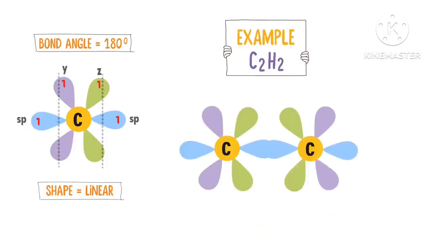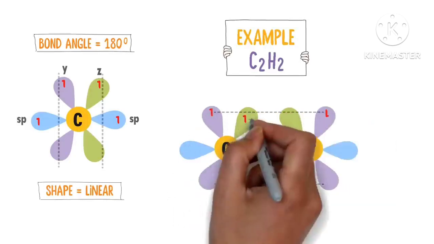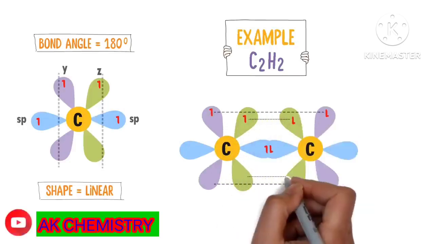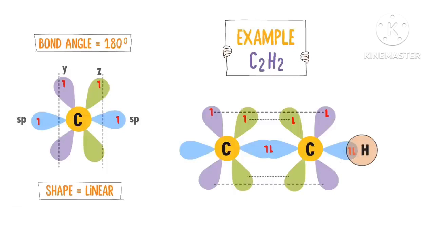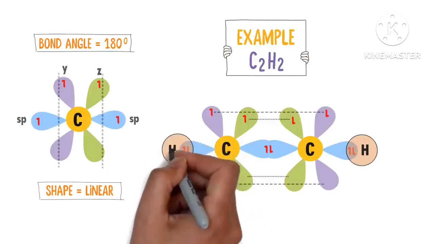Firstly, both the carbon atoms will share the unpaired electrons in sp-sp orbitals to form a chemical bond. Secondly, they both will share the unpaired electrons in unhybrid orbitals like 2py and 2pz to form a chemical bond. Then hydrogen will share its one electron with this sp orbital and with this sp orbital.